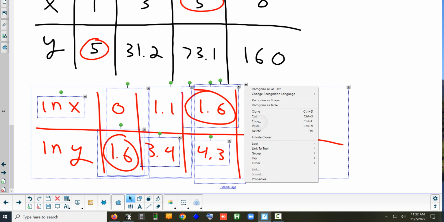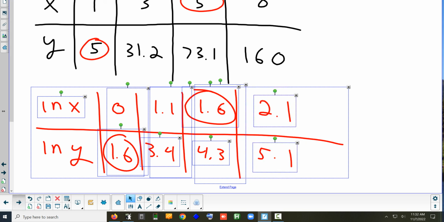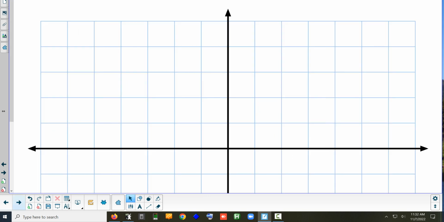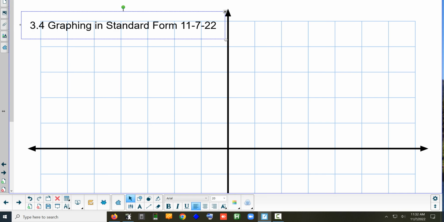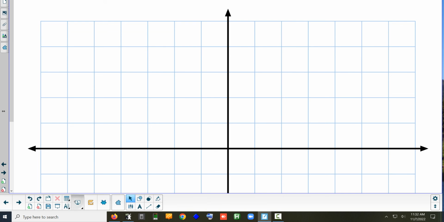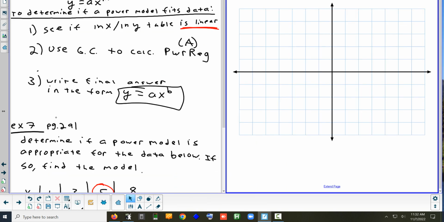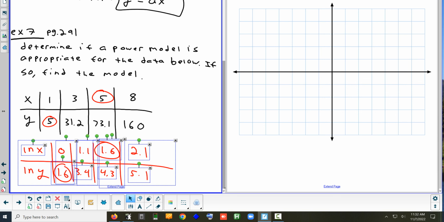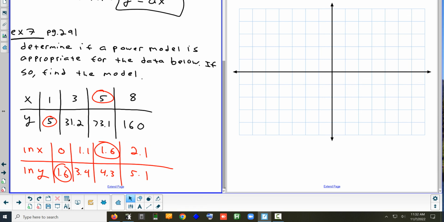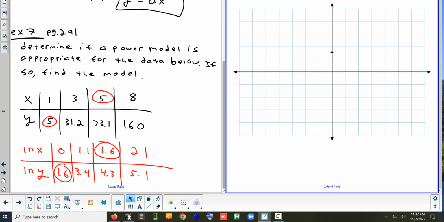Alright, so let's copy and paste. That is not what I wanted to paste. Alright, I'll just do it like this. Okay, so my first point is 0, 1.6.